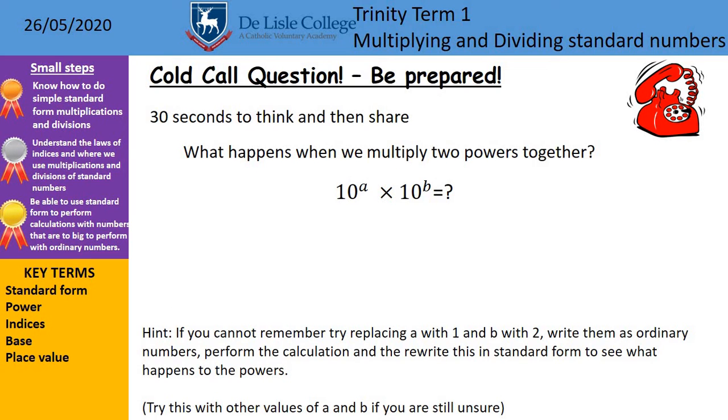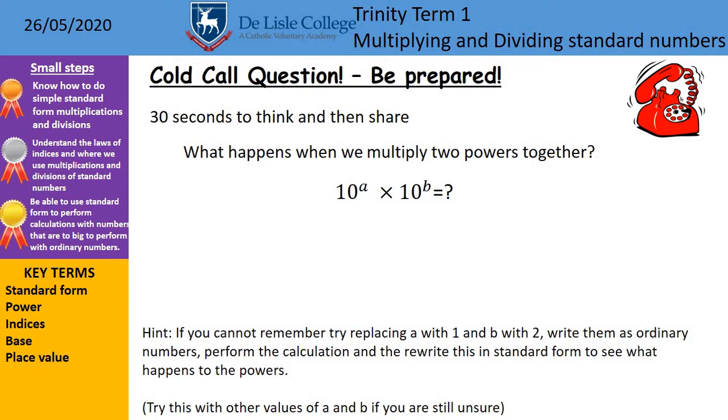So, quick thing to get started with then, cold call question, 30 seconds: think about what happens when we multiply the value 10 to the a multiplied by 10 to the power b. If you need to pause the video and have a think, please do so.